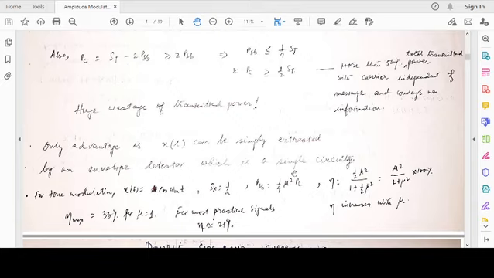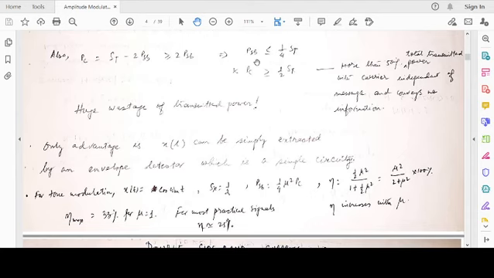So let's see the efficiency for a tone modulation. For tone modulation, XT is cosine omega t. Cosine omega t is limited between plus and minus 1, its average is 0, and it satisfies all our criteria. What is Sx? If you take the average of this, it is half. What is PSB?